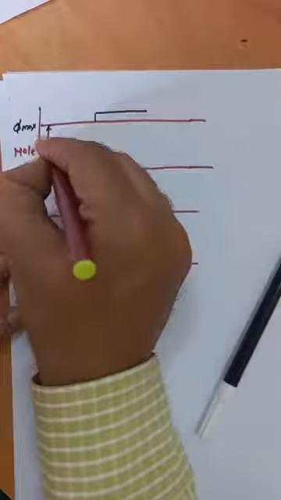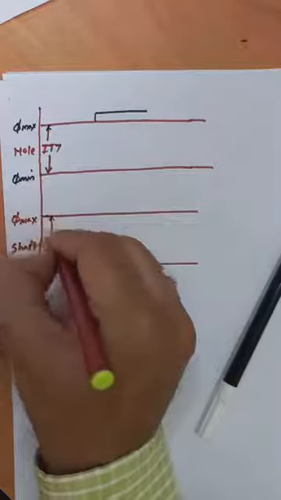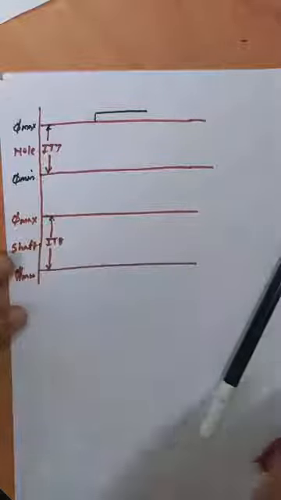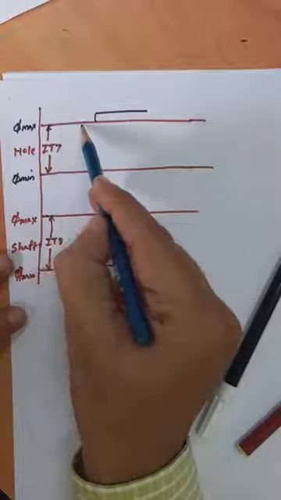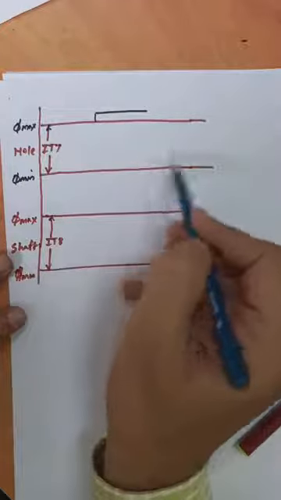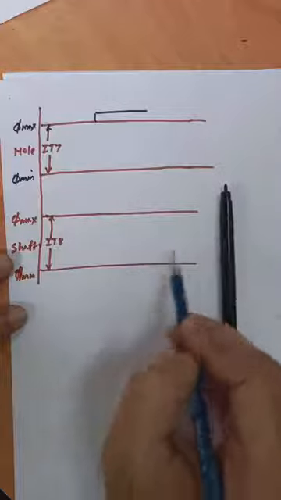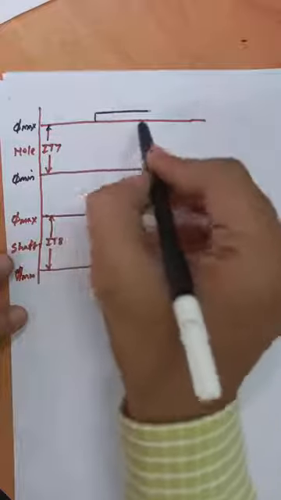This is IT7 and this is IT8. You can assume that all this is the tolerance zone for the hole as well as for the shaft.